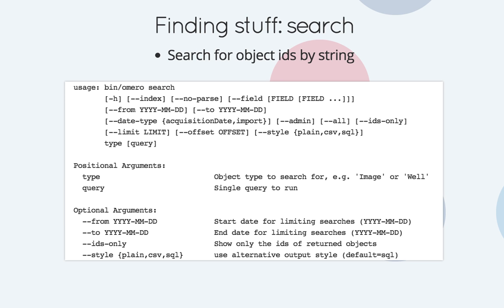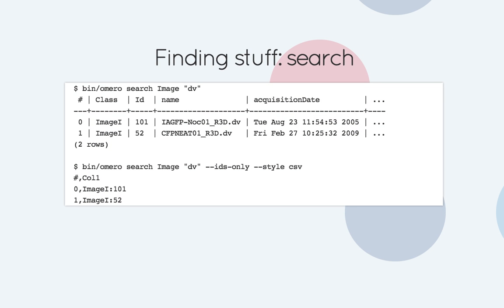So here we can search for a particular type of object, and we can have a query, essentially the search term we want to use. So here we search for all the images that have DV in them. So in this case it would find images with DV in their name, and as you see it's found the 2 images I imported earlier.